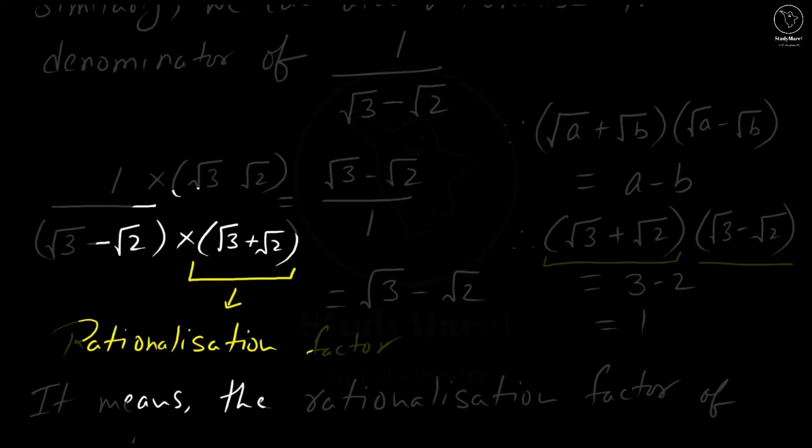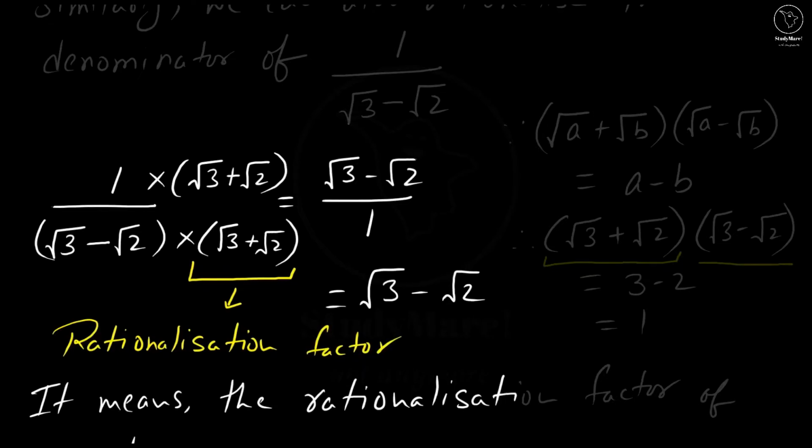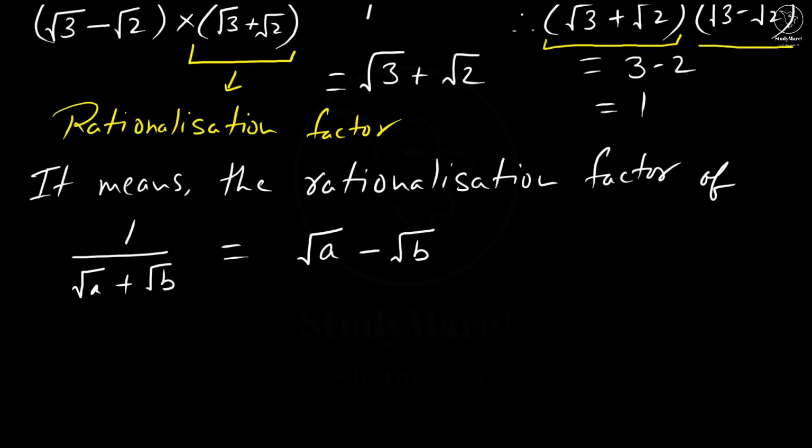It means we multiply root 3 plus root 2 into the denominator as well as the numerator, thus getting the result as root 3 plus root 2 by 1, which can be simply written as root 3 plus root 2. It means the rationalization factor for 1 by root a minus root b is root a plus root b.